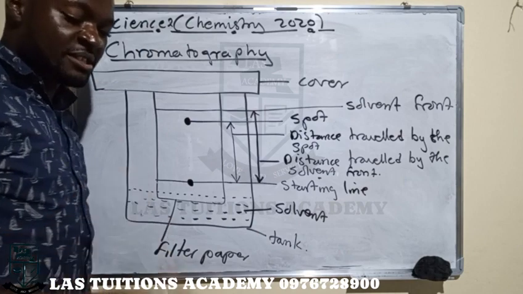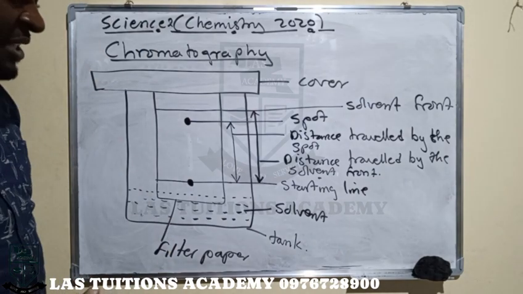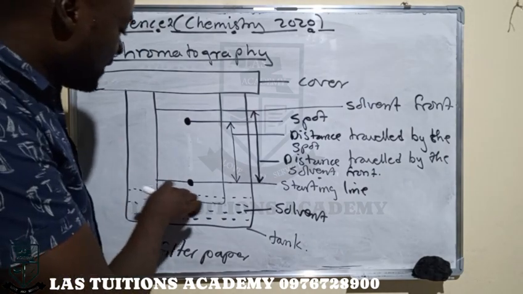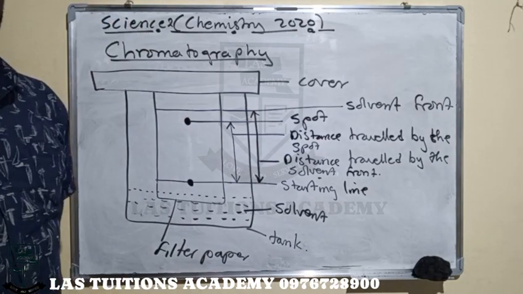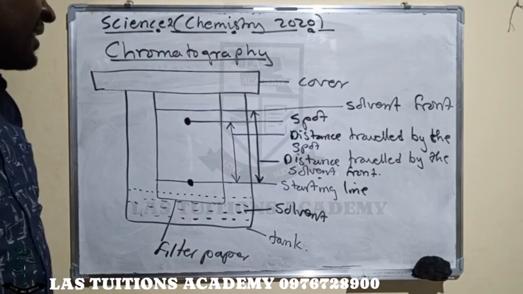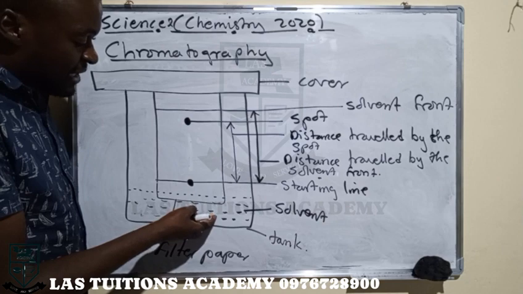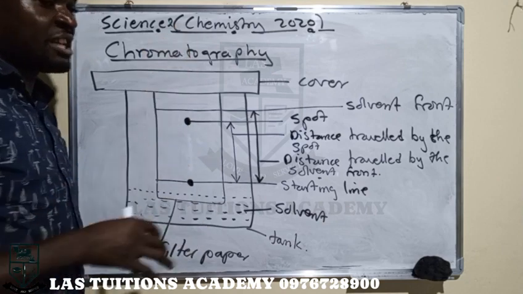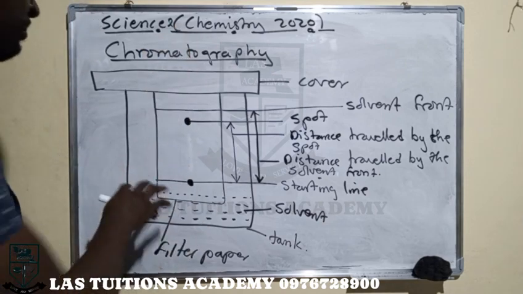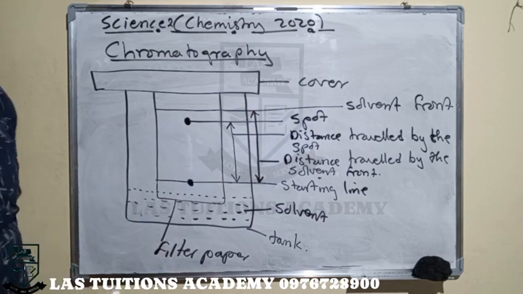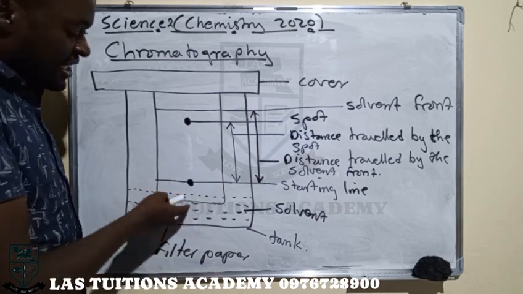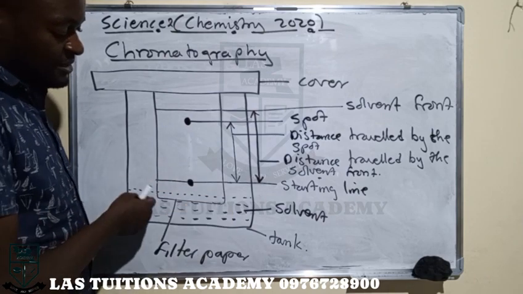The answer is simple: we are avoiding the use of ink, because ink is going to be carried by the solvent upwards, so it will disturb the experiment. Pencil doesn't have ink, so it is never disturbed by the solvent.